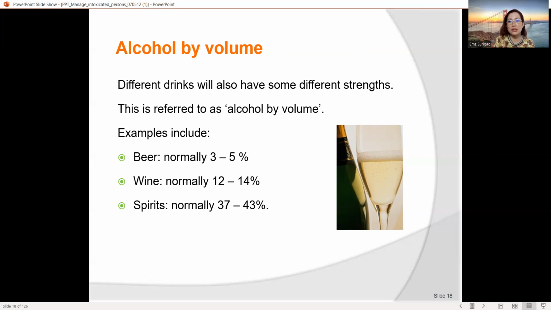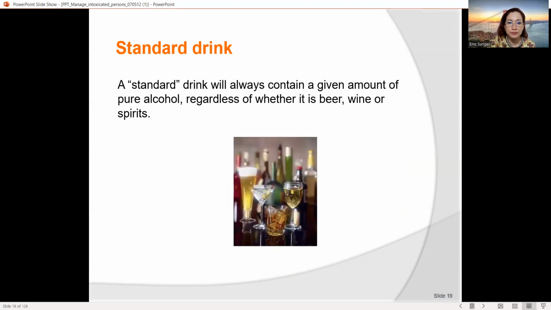For spirits, we have gin, we have rum, we have tequila, okay? And many more. So if you practically drink spirits every day, it will damage your liver.